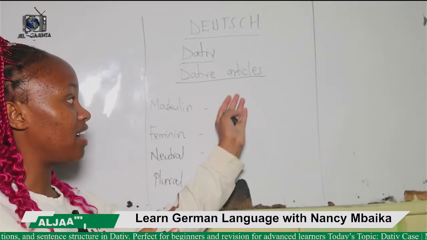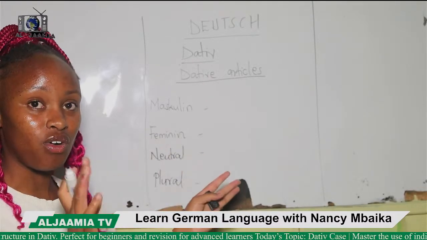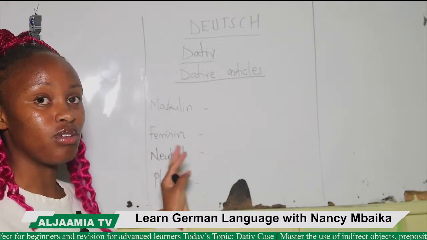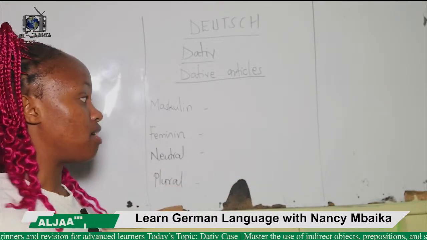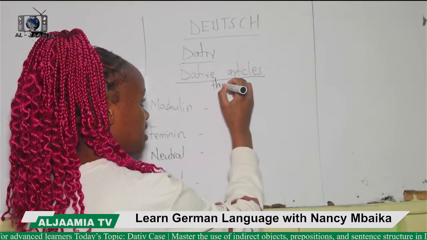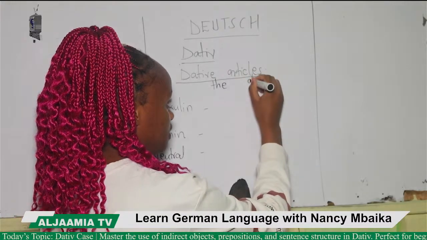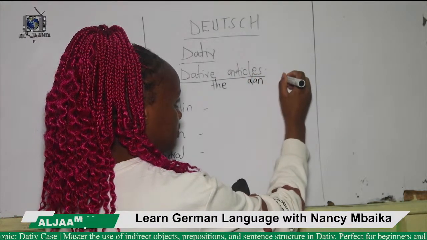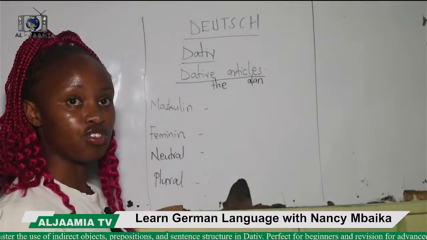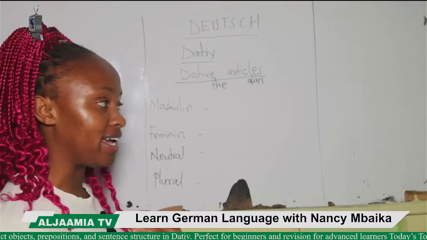We also have the indefinite article. In English you have a, but in German it's ein, eine, ein. And also, I'm going to talk about the possessive article. So let me just write them in English, but we're going to list them in German. For the possessive article, I want us to choose one, though it applies to the rest. I want us to choose my.